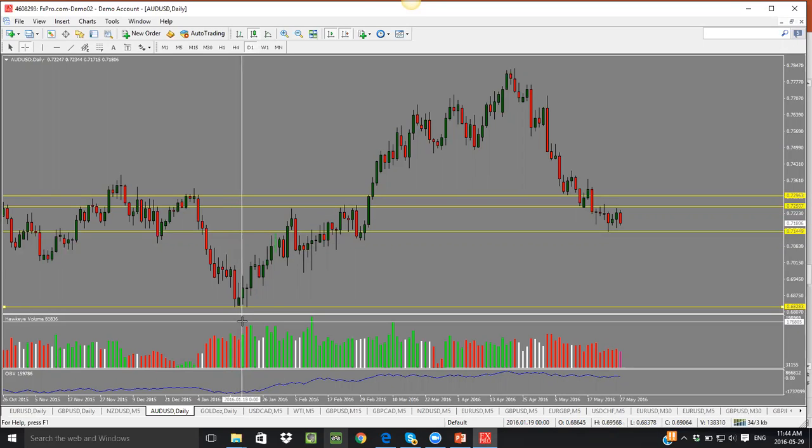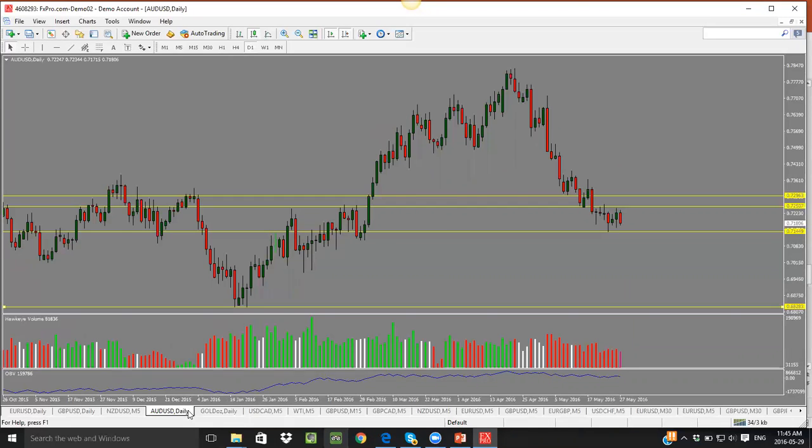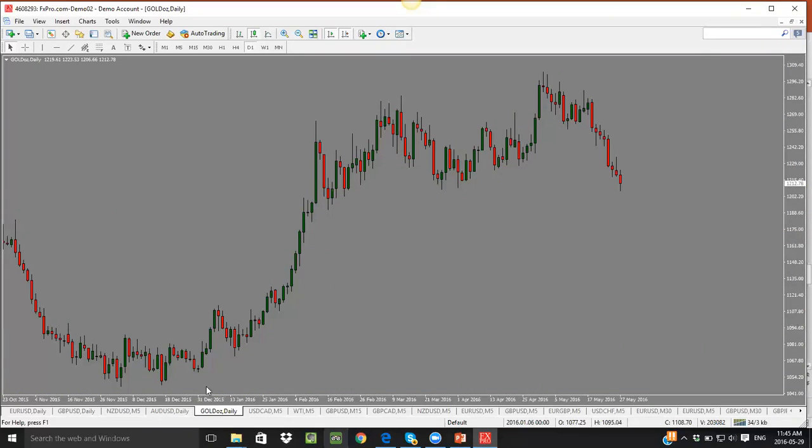And as you can see, in the next few days, Australian dollar is not able to go any lower. So it starts to turn around, and gold has already turned around. So this is a good place for us to take a long entry in Australian dollar. Once this starts to base out, it closes like this, and gold has already moved higher, it's time to buy.